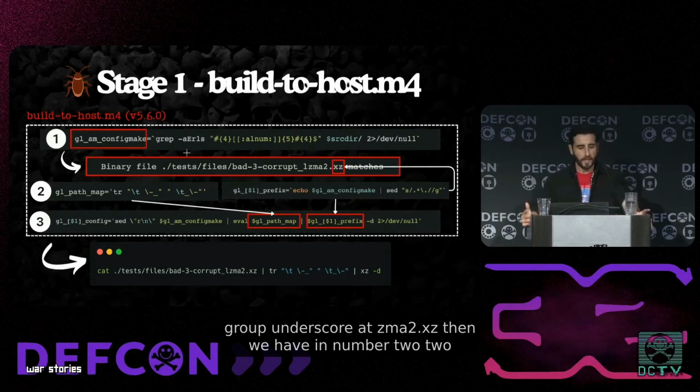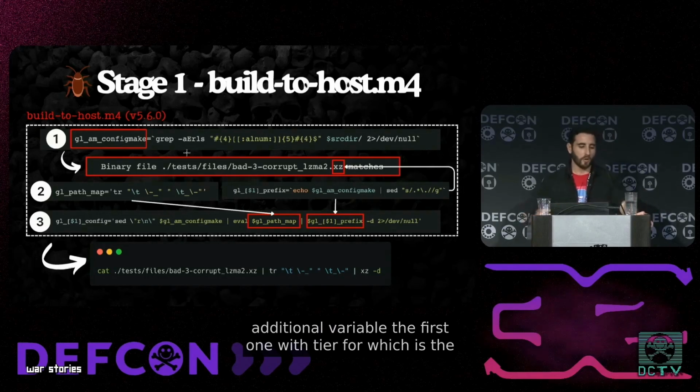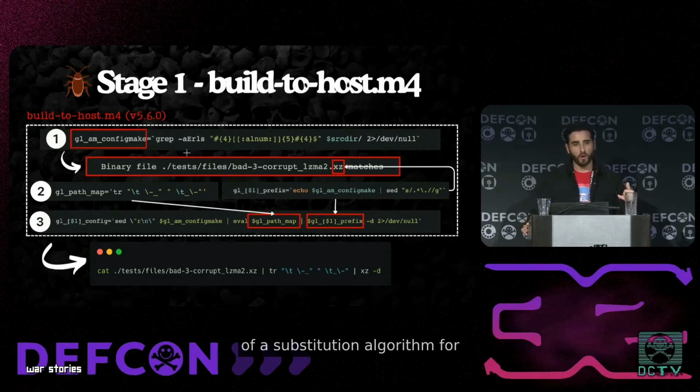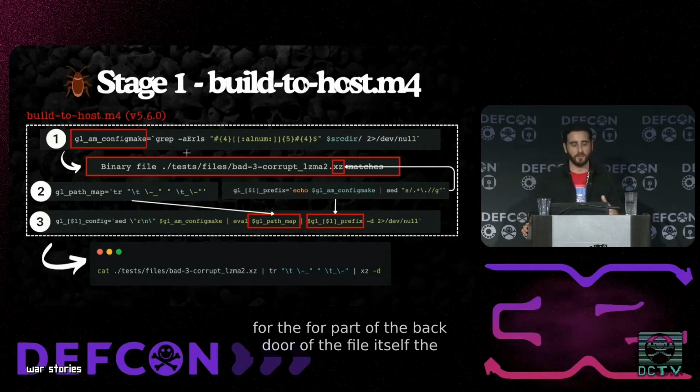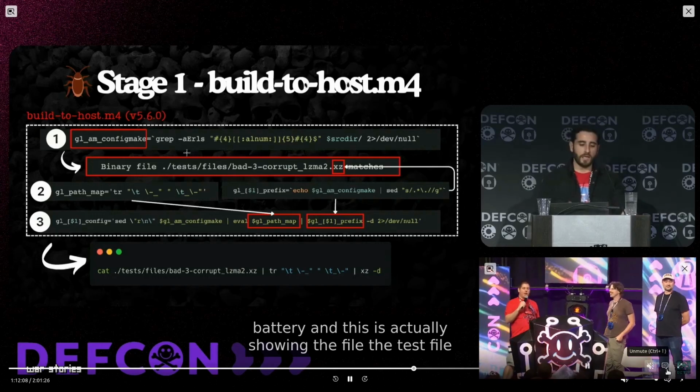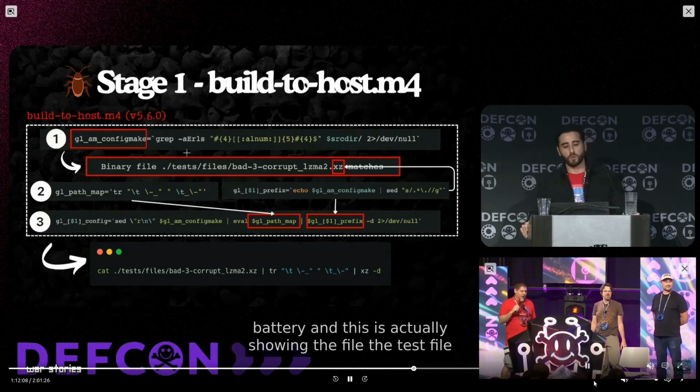So first, you can see there is a variable called gl_am_config_make with a grep, which actually looks for one of the malicious test files that have been released, specifically corrupt_lzma2.xz. Then we have, in number two, additional variables.